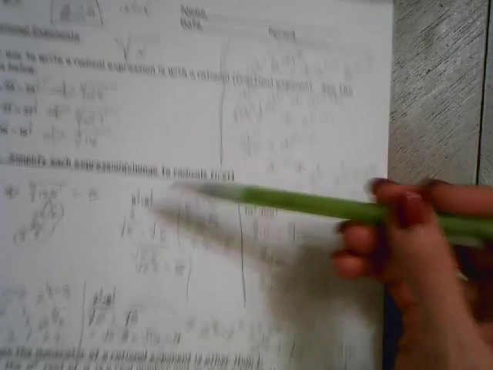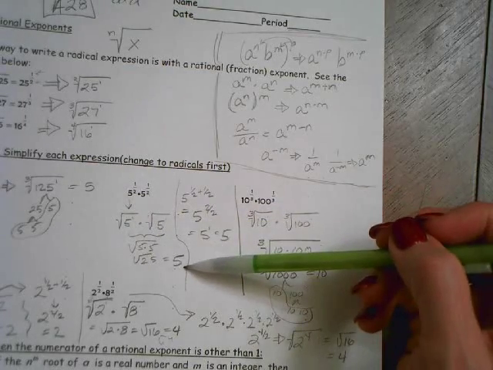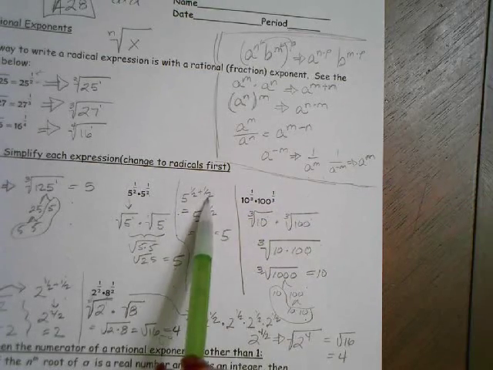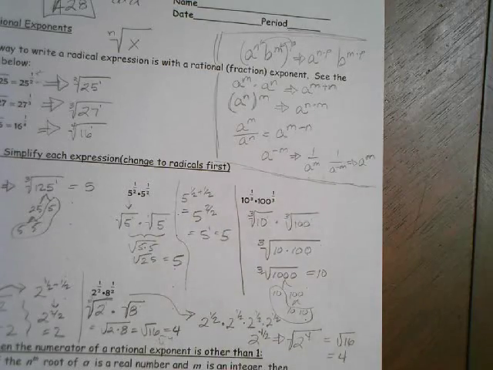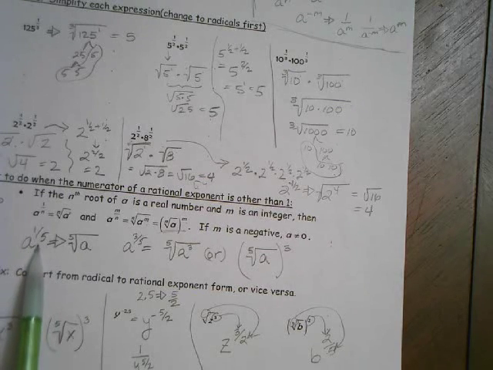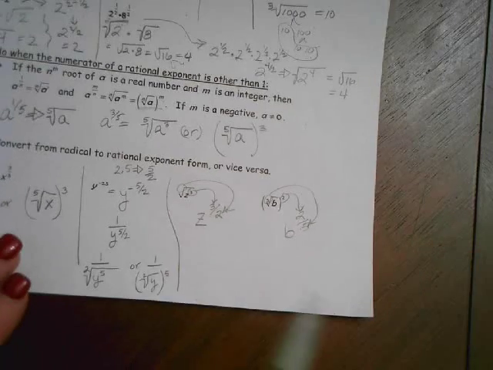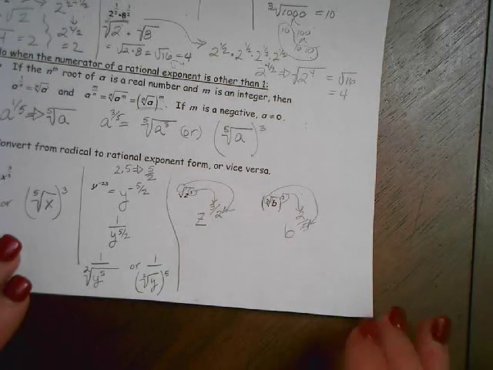We talked about how you can change that into radical expressions and then find your answer, or you could use the properties of exponents and find your answer that way. And then we demonstrated how to go backwards and forwards. So I can go from the fraction exponent into the radical expression, or I could go from the radical expression into a fraction. So those are the things that we covered.